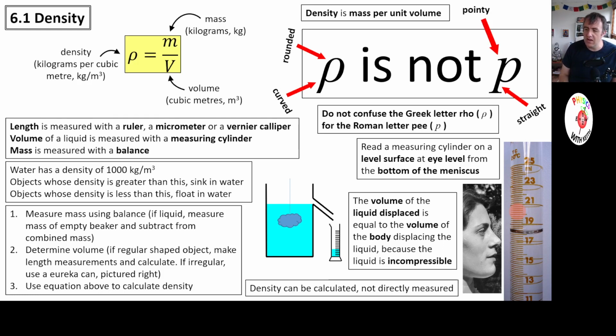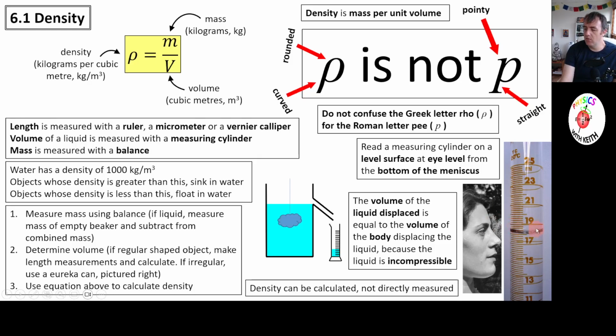I'm avoiding the word meniscus. I'm now going to bring in the word meniscus. If we're measuring water, you'll find the meniscus curves in this way. So there's a lowest point to the meniscus here. So if we're measuring the volume of water, we are going to measure from the bottom of the meniscus. There are liquids where the meniscus goes the other way, in which case you measure from the top of the meniscus.